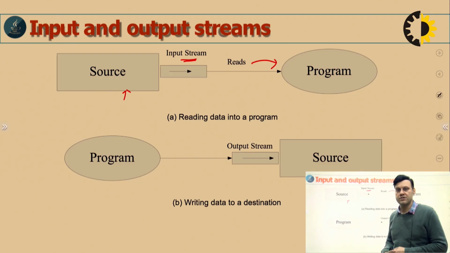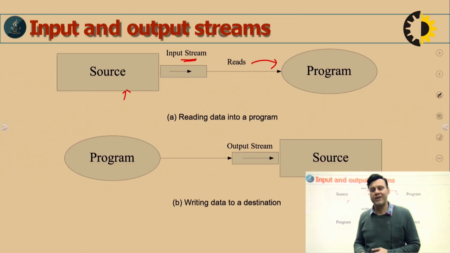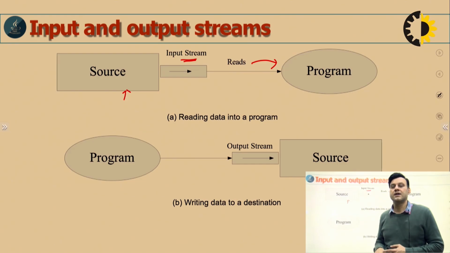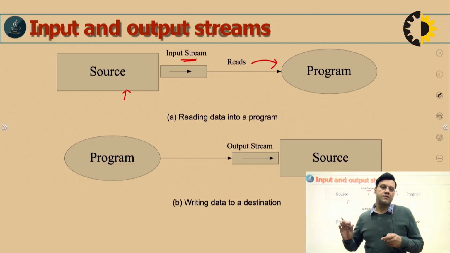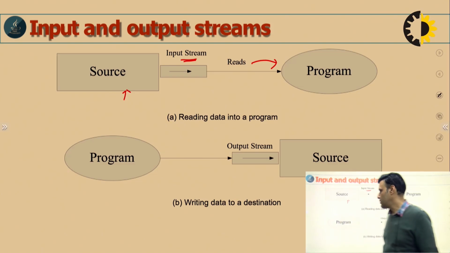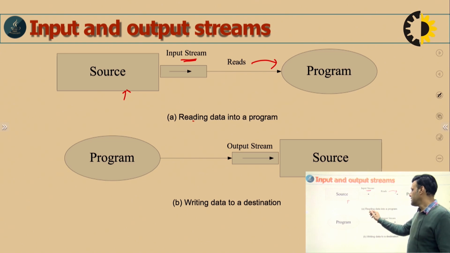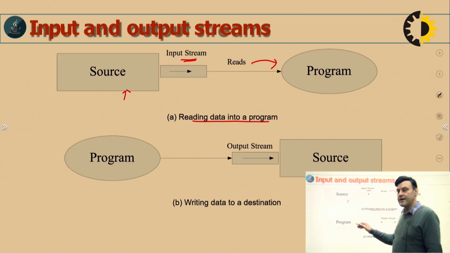It means we have classes, we make an object of that class, and with the help of that object we do some input function or output function. This is how we read data into a program and write data from a program.